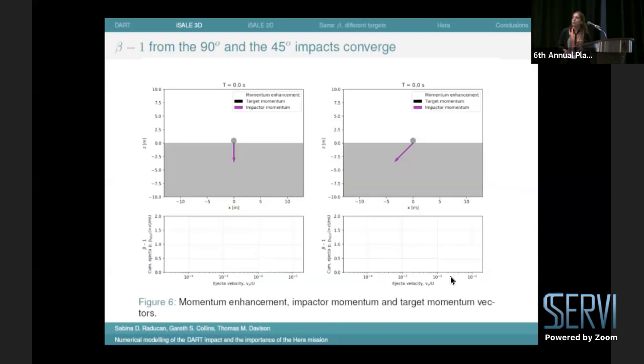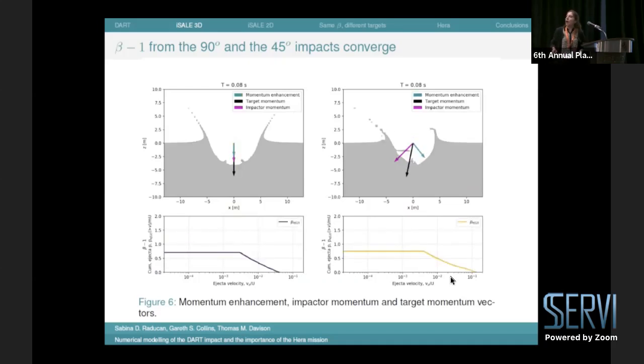To answer this question, we look at the momentum from these two impacts. Here is the vertical impact, and here is the 45-degree impact. Colored in purple is the impactor momentum. Then we have in this bluish color the momentum enhancement vector, which is in the opposite direction to the momentum of the ejecta and has the same magnitude. The sum of the momentum enhancement and the impactor momentum is the target momentum, which shows in which direction the target will move, and is colored in black here.